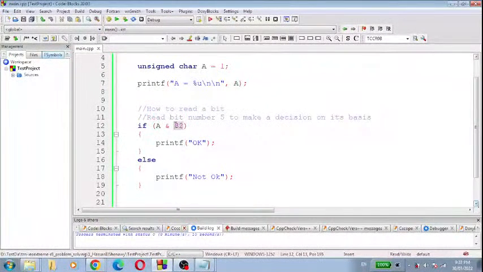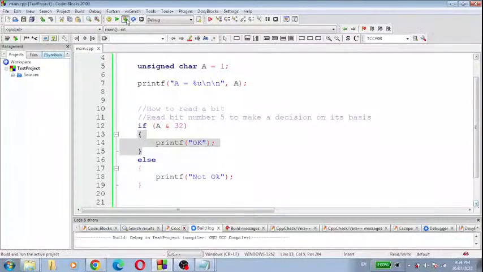And if I'm going to get the result as logical 0, all zeros, so now I'm going to print not okay. I'm going to execute this else part, and if I got this as logical 1 here because of the existence of 1 within this bit, the 5th bit, so I'm going to print okay on the screen.